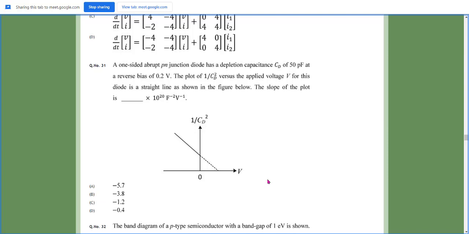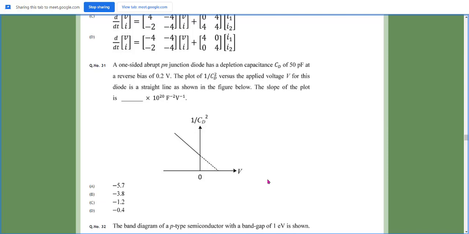Okay. One-sided abrupt junction direct depletion. Okay, so this one I think the depletion capacitance formula is there, right? In that I think the depletion capacitance is dependent on a square root of something.